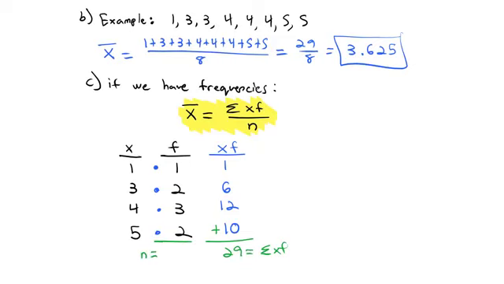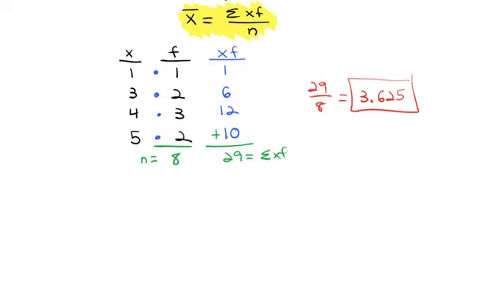So my sample size is 1 plus 2 plus 3 plus 2, which is equal to 8. So for my mean, again, we're doing 29 divided by 8 to get the exact same number of 3.625. But sometimes it's a lot quicker and easier if we have those frequencies given to us. That's the first measure of center.